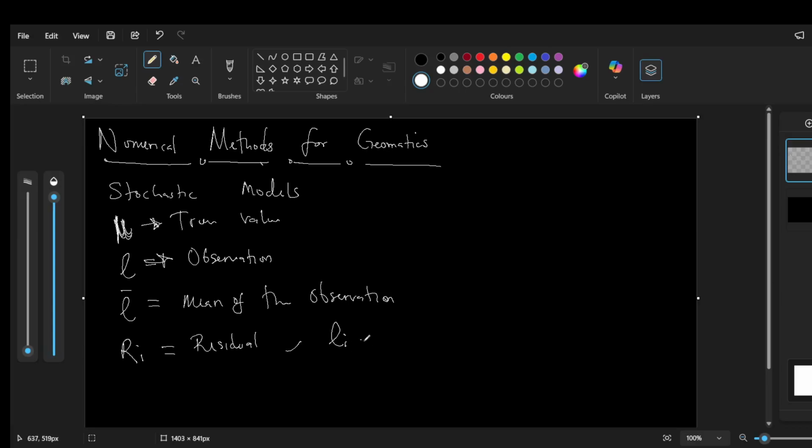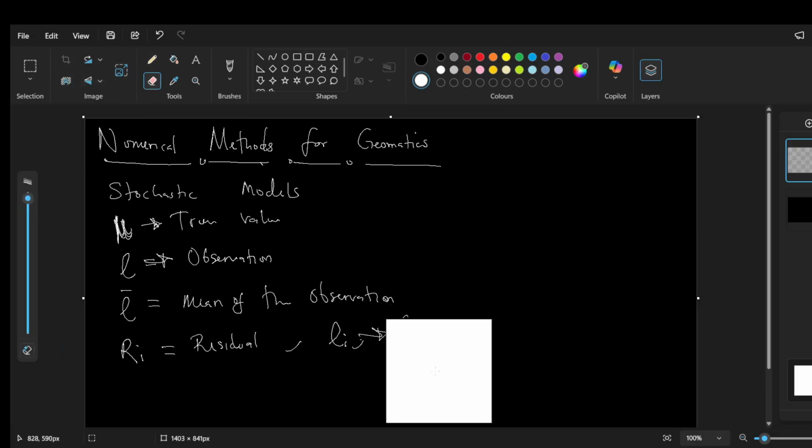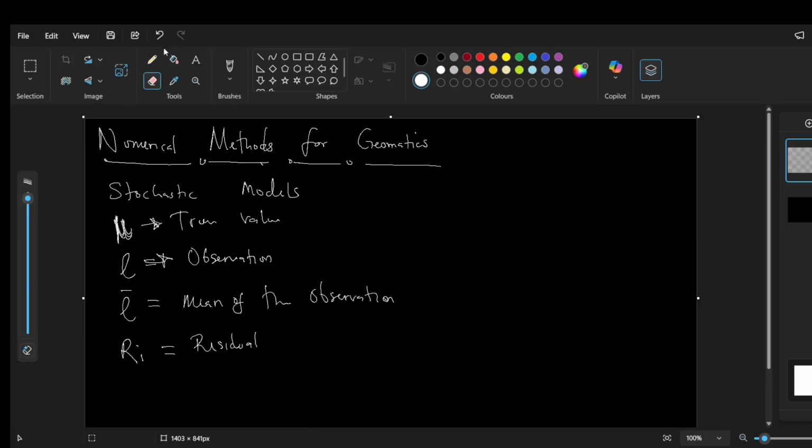Let's say I represent this as L1. So the residue at L1 will be R1, which if you're using place values, will be R_i. The i is just there for representing the place value. It's like x if you're relating this to math.